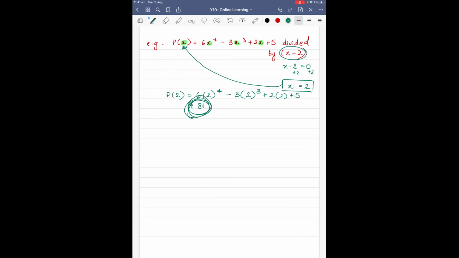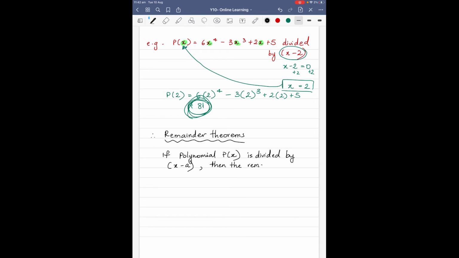So let's write a little theory note that I would like you guys to copy down into your books. The remainder theorem states this: if the polynomial P(x) is divided by x minus a, then the remainder is P(a).